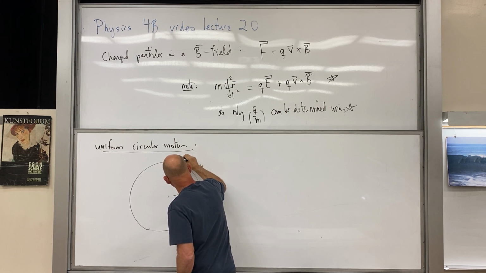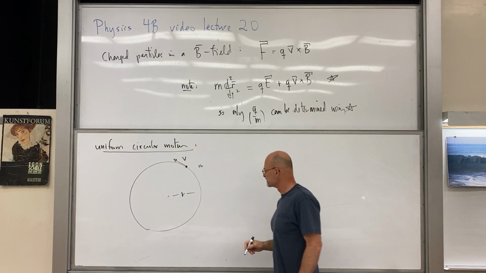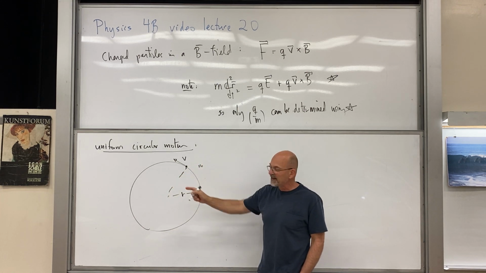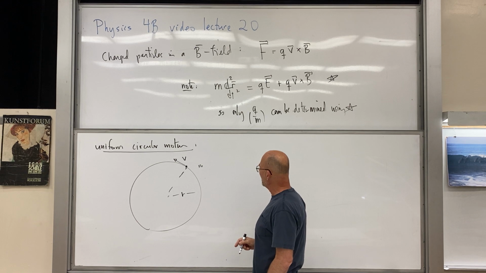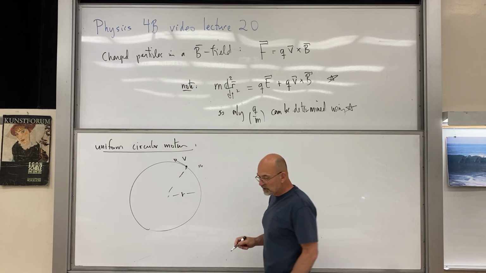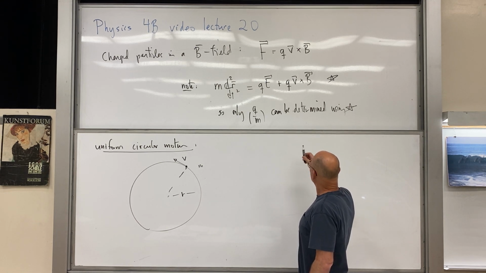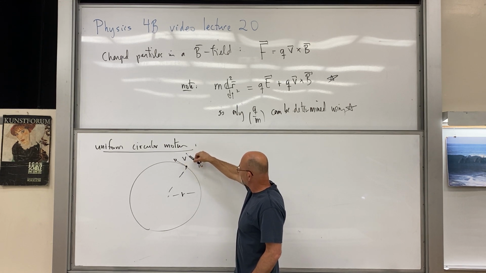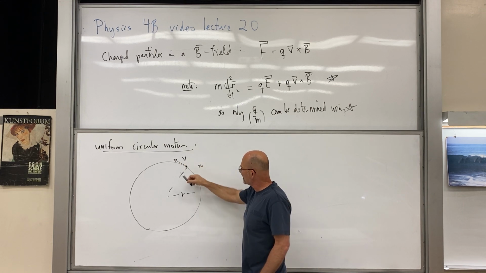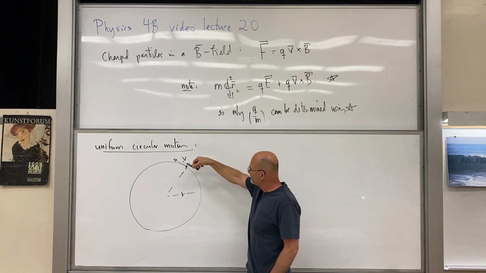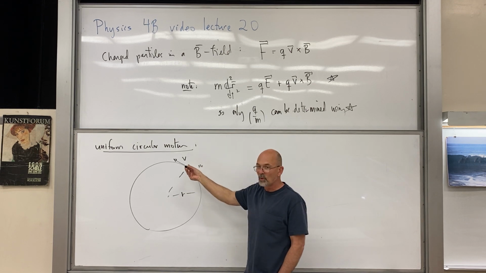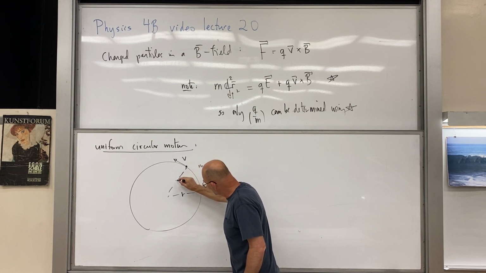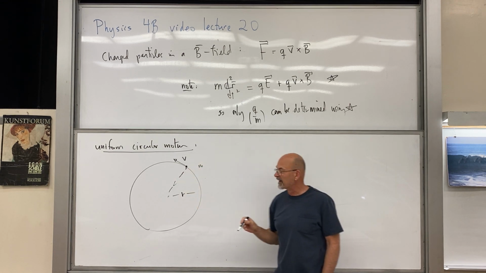That's the velocity vector. Of course, it's perpendicular to the radius vector. And qV cross B. So if we had a V and we cross it into a B field, say we had a positive charge, we cross that into a B field that is into the board. That's what will give us the force directed towards the center.